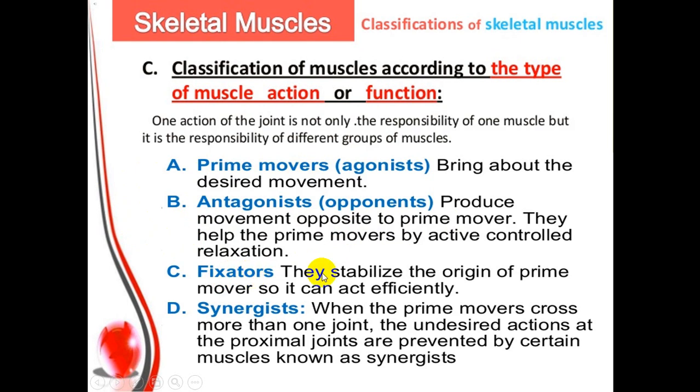Fixators are usually those muscles which are responsible for fixing the proximal attachment of a muscle or fixing a joint or part of an articular surface so that the movement is augmented.